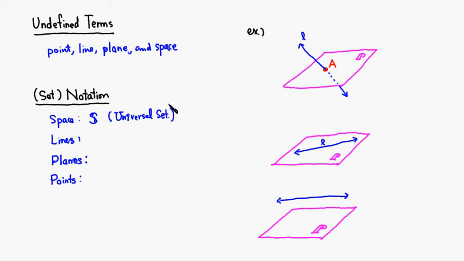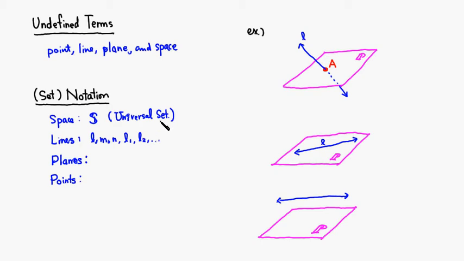And for lines, we're going to use a lowercase letter, especially l, m, and n. And if we need to talk about a lot of lines, we probably start using l1, l2, and so on, using subscripts.